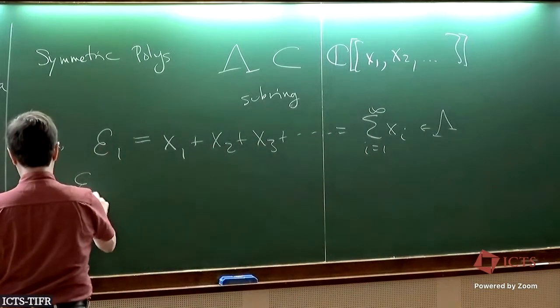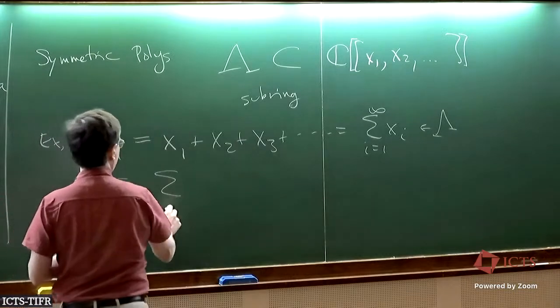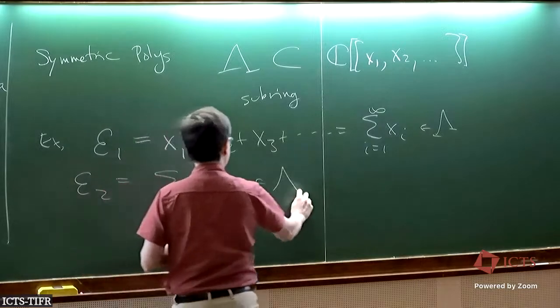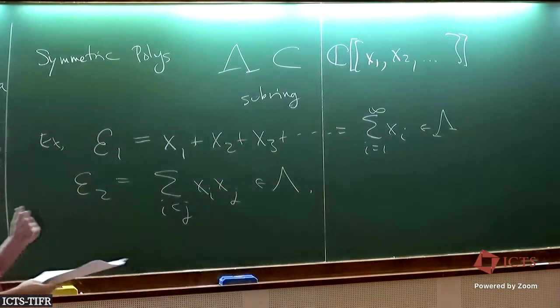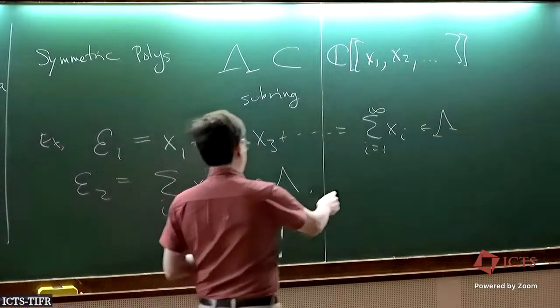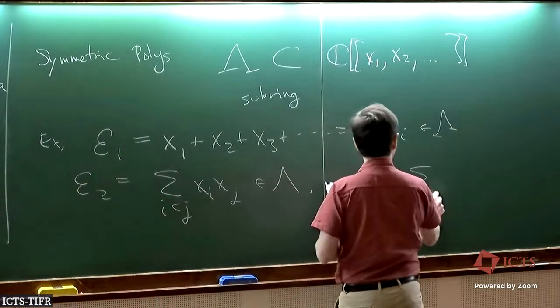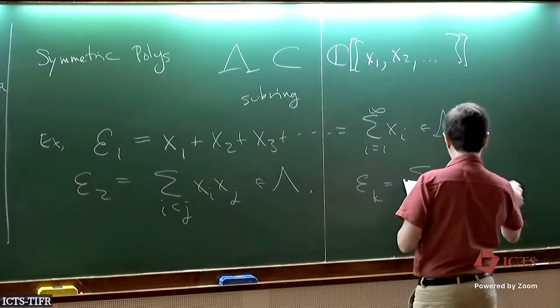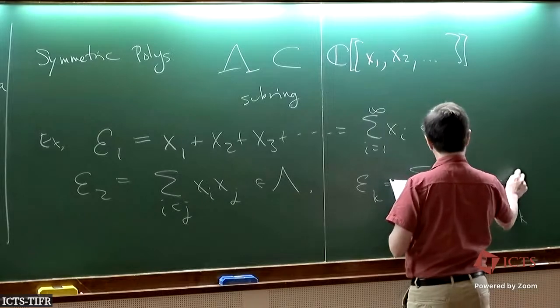I have E2, the sum for i less than j of xi xj inside lambda, and ek would be the sum over i1 less than i2 dot dot dot less than ik of xi1 dot dot dot xik.